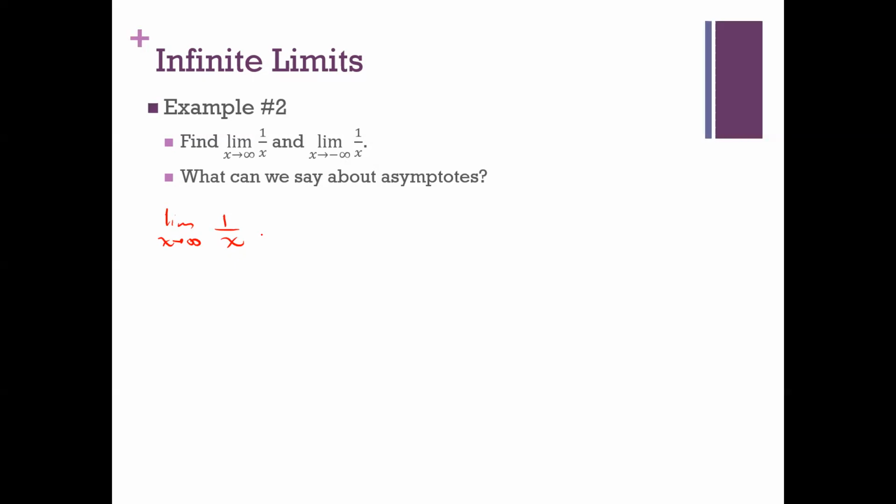It doesn't really make sense to say that x is getting into the neighborhood of infinity. So when I say x goes to infinity, that arrow there, what does that tell us we should be thinking about? What's x doing?